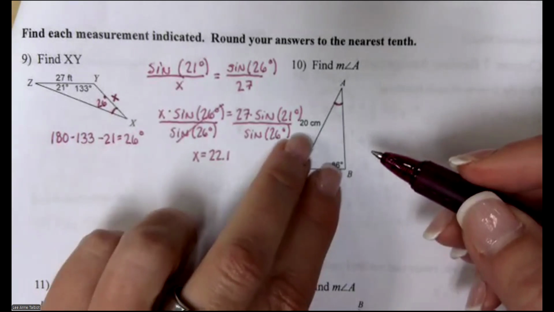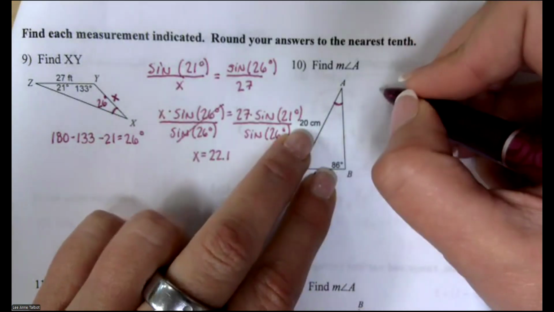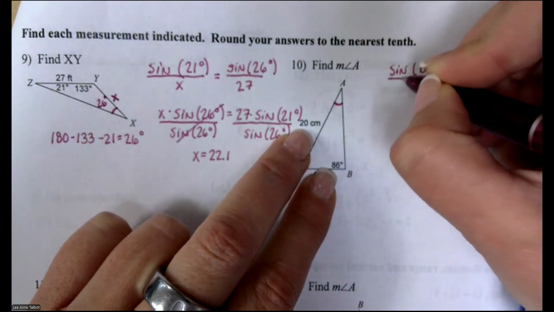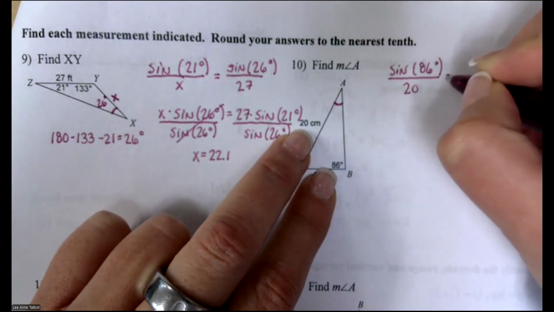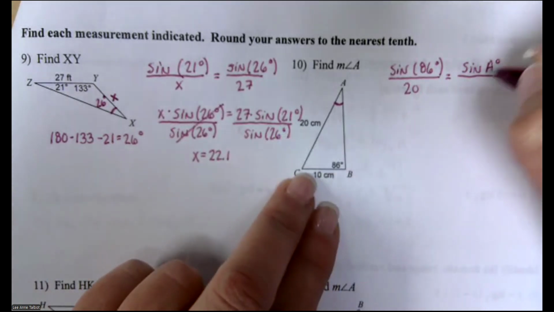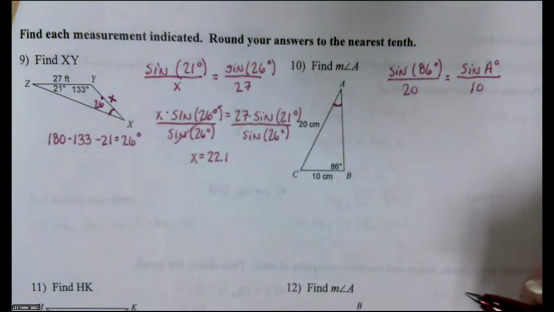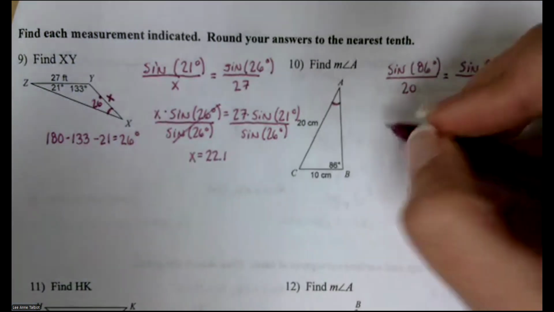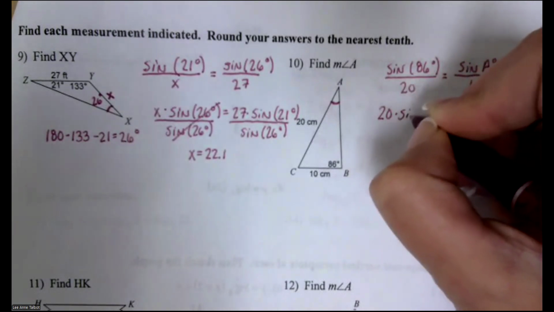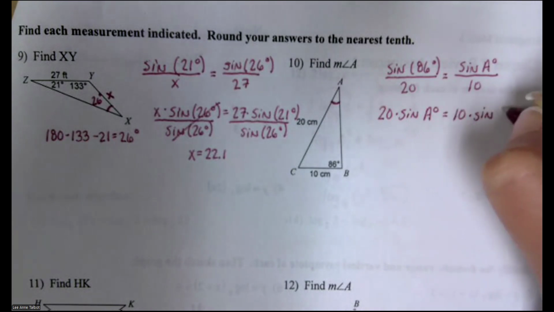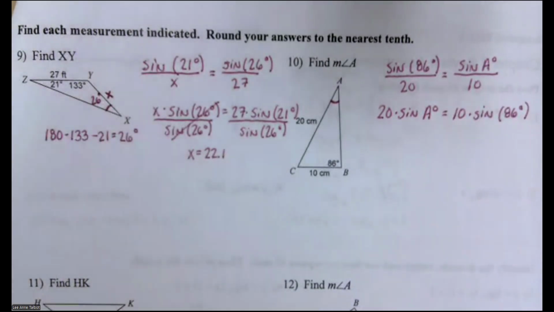Okay, so we start with these two, which are across from each other, so sine 86 over 20 equals sine of A over 10. Cross multiply: 20 times sine A equals 10 times sine 86.